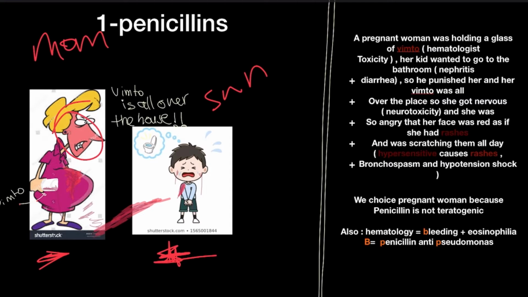So first, Vimto causes hematologic toxicity. And what is that? That means that we have degrees of coagulation disorders, especially with antipseudomonal penicillins. And other hematologic toxicity is eosinophilia. And we said that he wants to go to the bathroom, so we have nephritis and diarrhea.